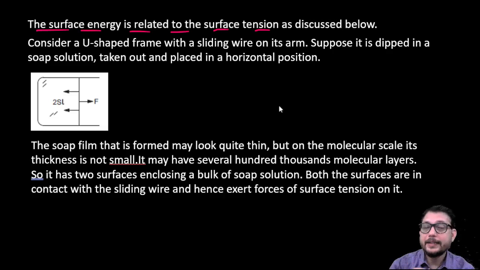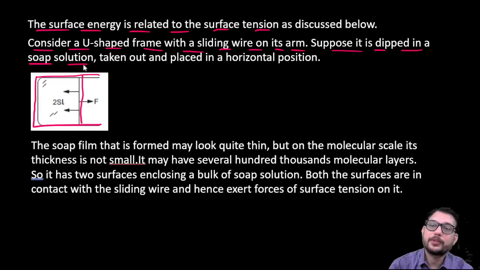So let's get started with an experiment. Consider a U-shaped frame with a sliding wire on its side. This is your U-shaped frame, and this is your sliding wire. Suppose it is dipped in a soap solution.